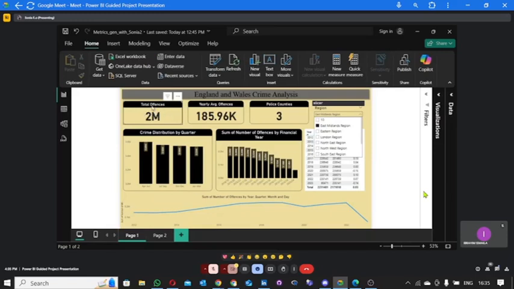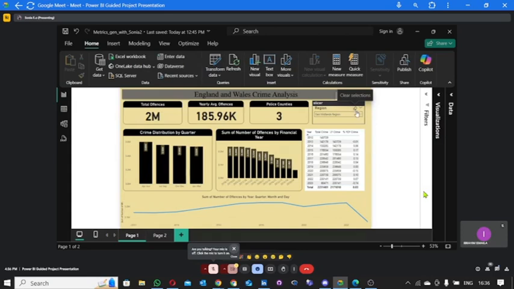In this region, the total offense is 2 million, which is quite small compared to the overall offense. Then the average offense is 185.9K. And the police county in this region, there are just 3 police counties.